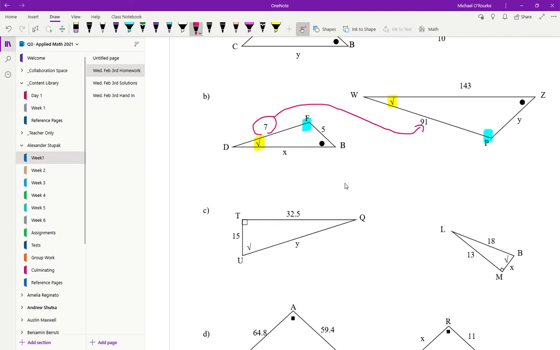Then if I take a look here, what's 5's partner? Let's go with orange. Well, first of all, what's the magic number between these two? We're going to take the big number and divide it by the little number.